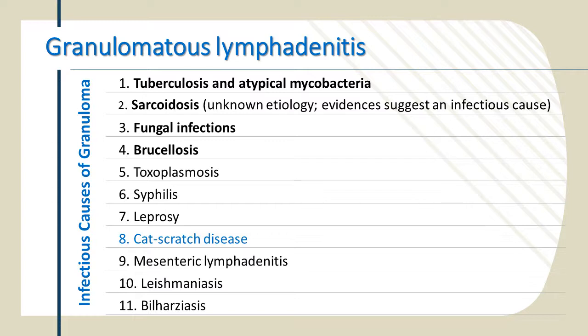At the end of this lecture, I will try to talk about cat scratch disease in brief, as most of the other causes were already discussed in the lectures of infectious disease, especially tuberculosis, fungal infections, syphilis, leprosy, as well as leishmaniasis and schistosomiasis.